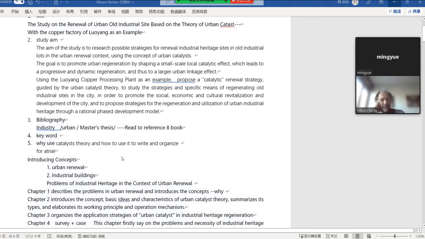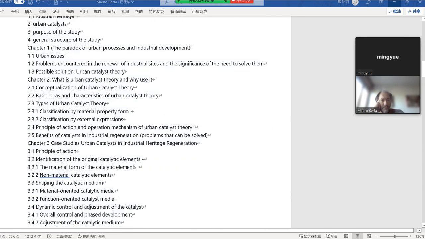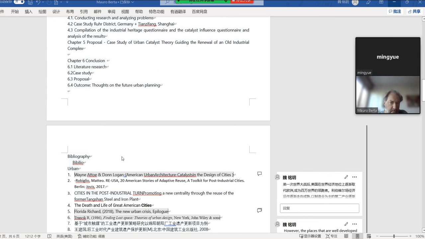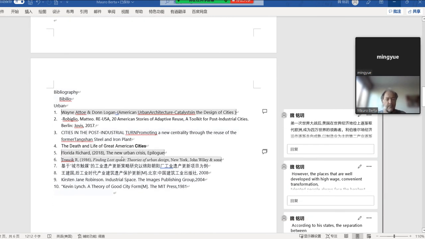This is what I read this week, and I think this book gave me a lot of ideas: American Urban Architecture, Catalyzing the Design of the City. This week I also studied some industrial and urban renewal situations in China, and read some Chinese books and series about it.